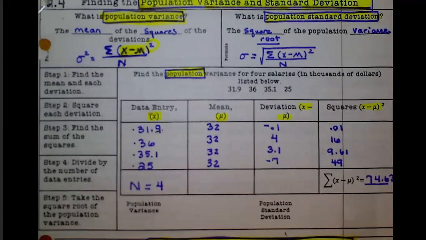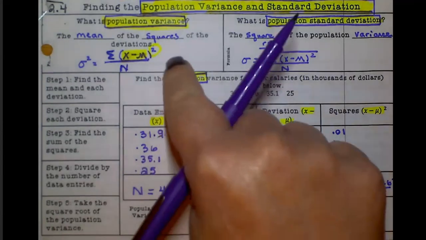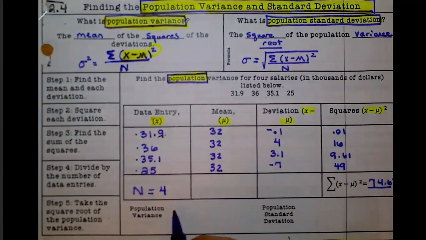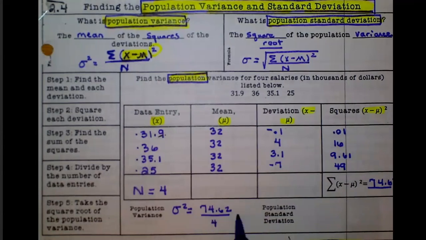So we're looking at population variance. Pay attention to the left side right here, okay? I'm going to bring over my symbol, and I'm going to have 74.62, which was my sum. I'm going to divide it by 4 for the population. So go ahead and do that.